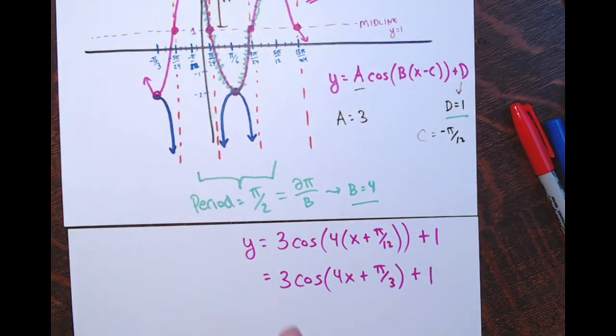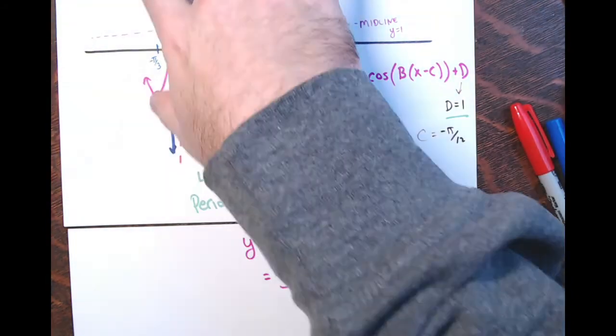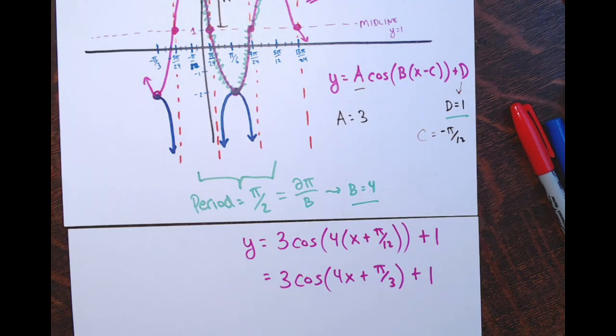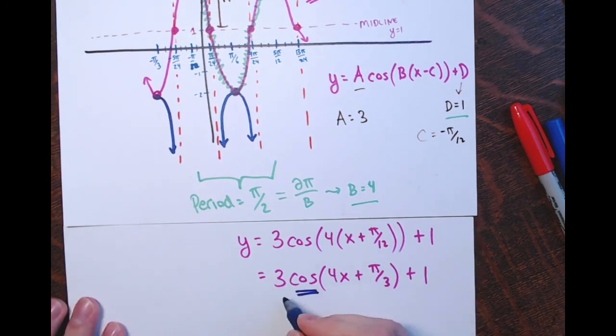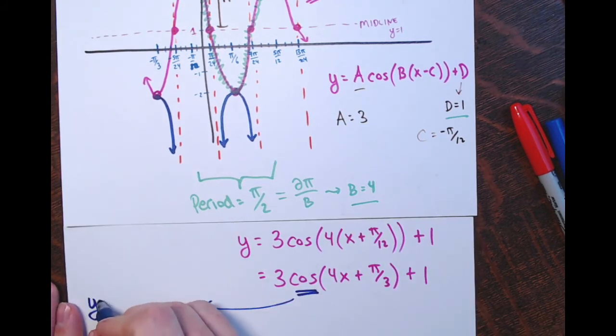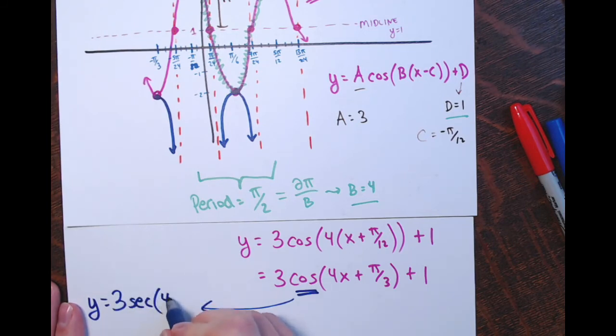The cosine wave, and then I just changed cosine to secant, right? Because all the same transformations would have had to occur to the secant function. So now I just change this cosine to a secant. y equals 3 times the secant of 4x plus pi over 3, and then plus 1, right?